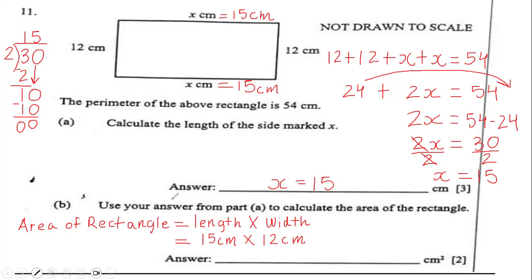And what do we get when we multiply them? 180? 186 or 180? Okay, let's check that. So we have 12 multiplied by 15.